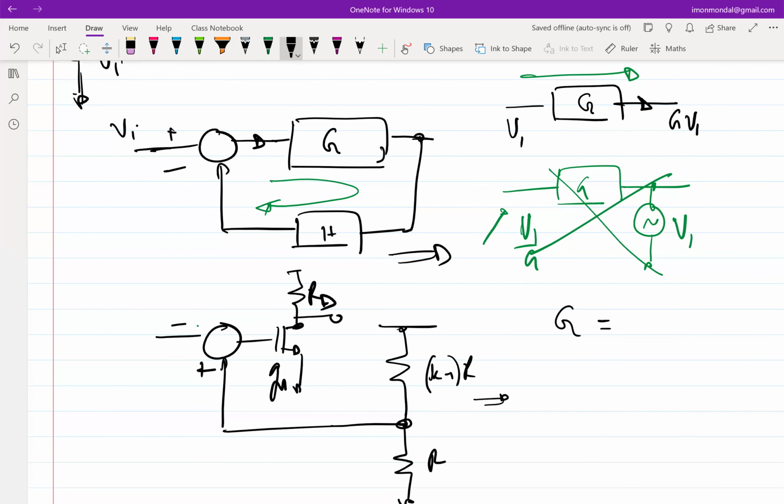What I'm saying is, in the block diagrammatic representation, can the circuit at the bottom be modeled into the block diagram on the top? Yes, right? So if I can model it, then obviously I can break up this circuit into G and H parts. So let's do the easier one. What is H? If I assume that this is connected, what is H? And this is V0.